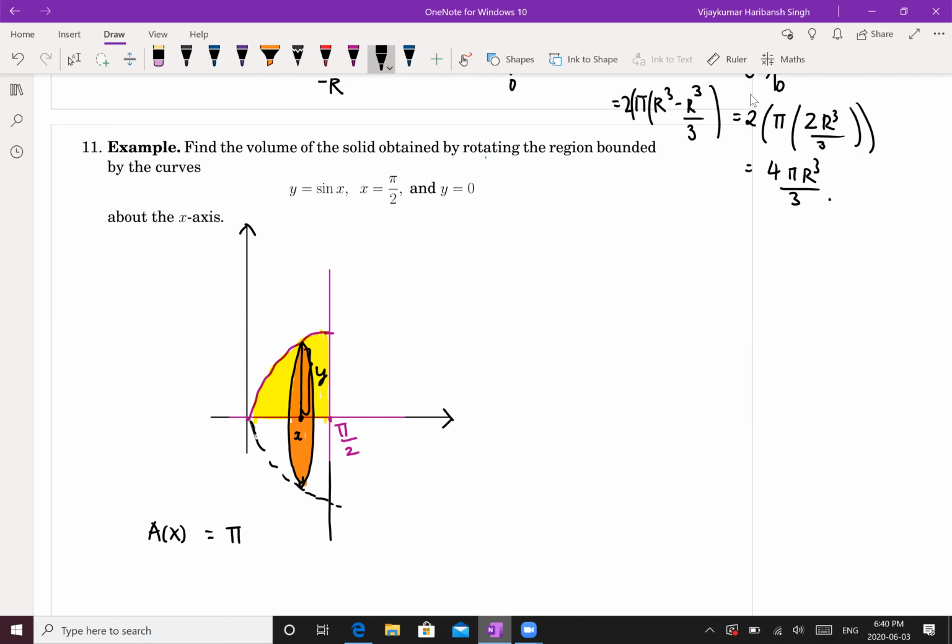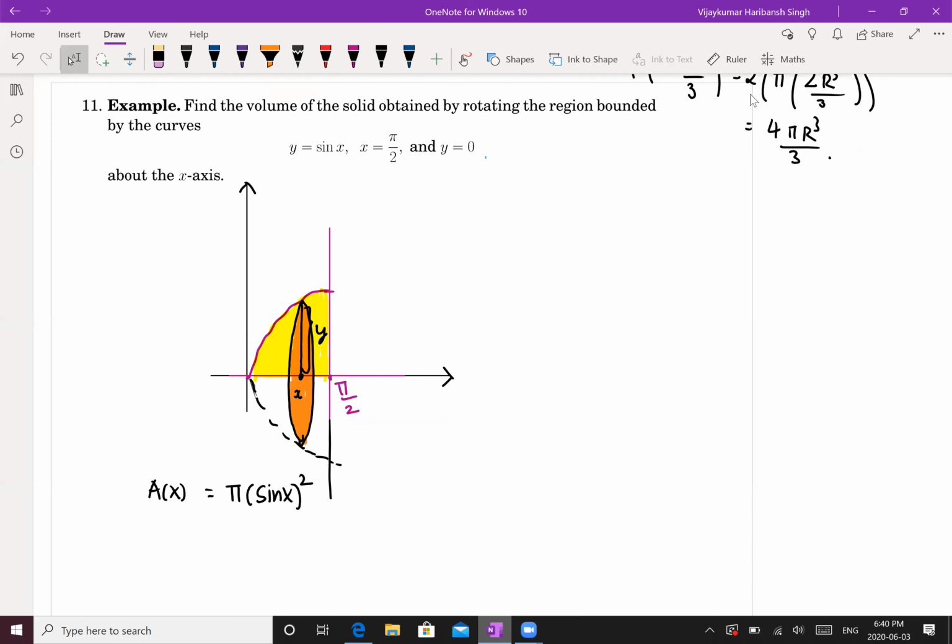Your y is given by sine x. So pi y square, which is going to be pi sine x square, right? So your volume is given by, this point is 0, this point is pi by 2. So 0 to pi by 2, pi sine square x dx.